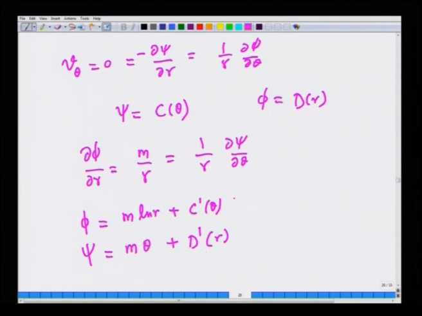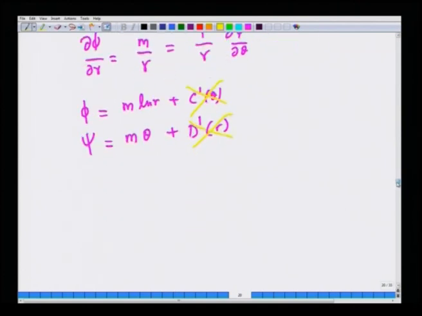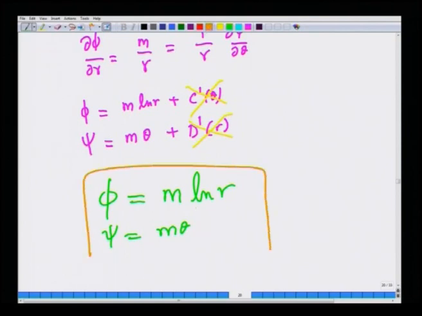So, if I compare these two conditions, psi is a function only of theta from one equation, whereas from the other it is a function of theta plus r. So, it cannot be a function of r, likewise this constant cannot be a function of theta. So, phi is m logarithm of r and psi is m theta for a uniform source, for a line source.